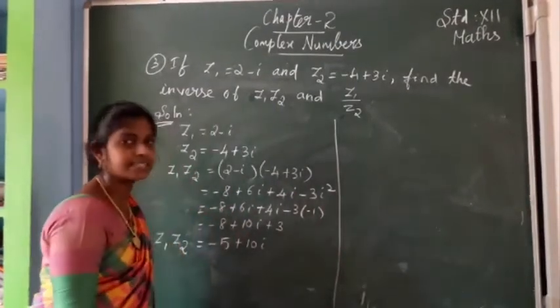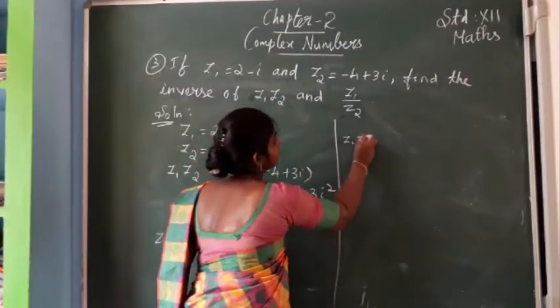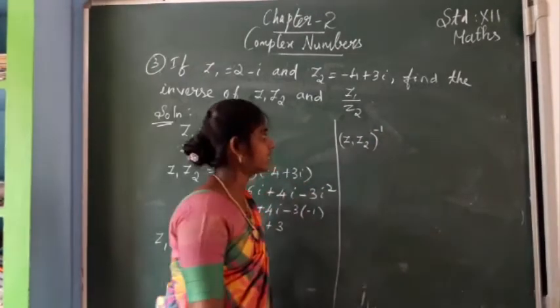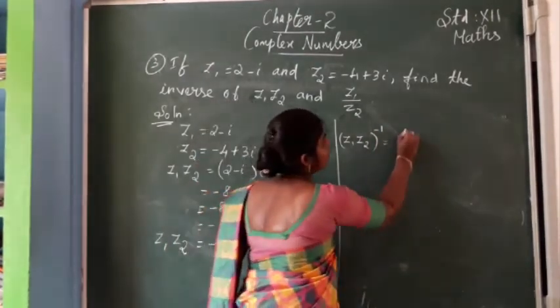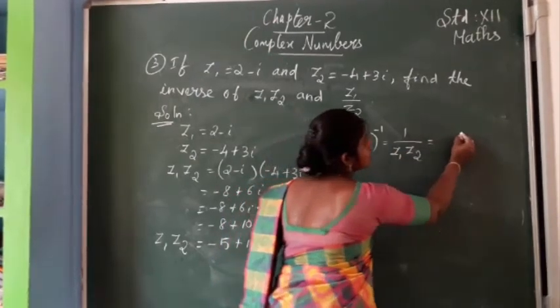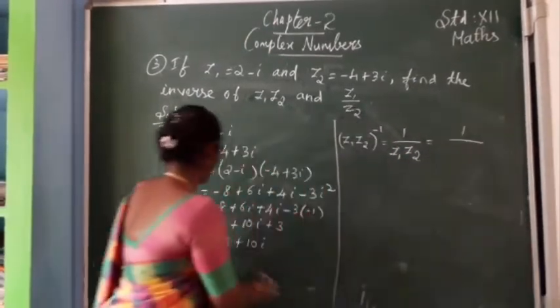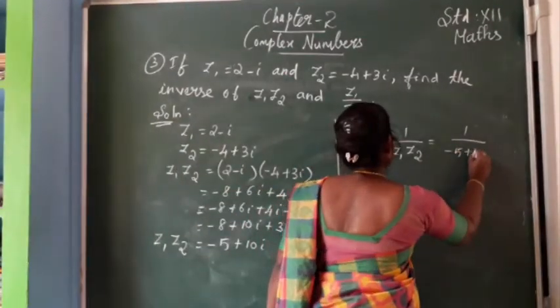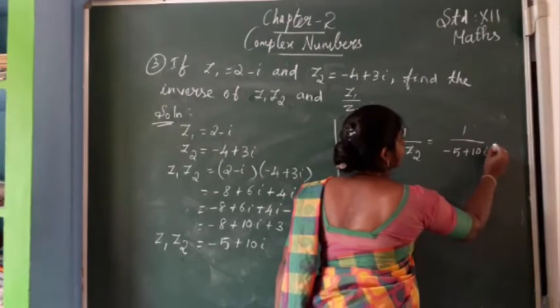Then you have to find the inverse. z1 into z2, the whole bar. That is z1 into z2 inverse is equal to 1 by z1 into z2. That's equal to 1 divided by, have to write this value, minus 5 plus 10i.